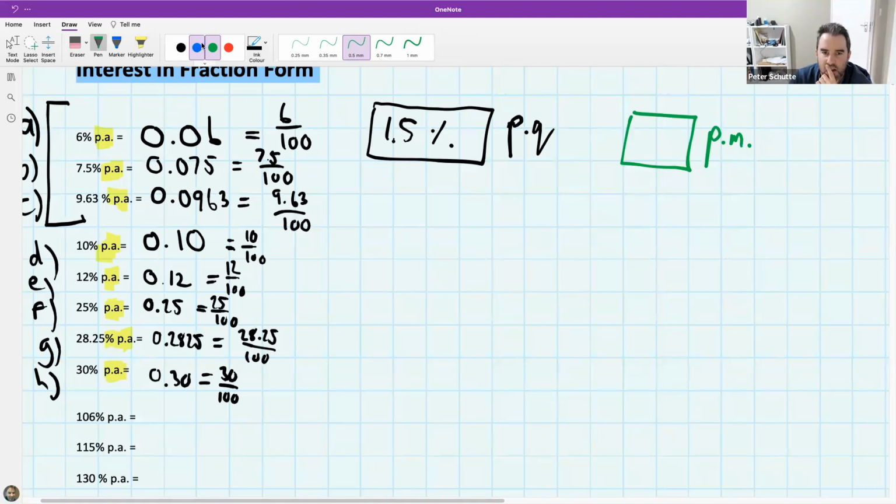So remember, for this one, we seem to go 6 divided by 4. What are we going to do for this one over here? I think we're going to take our interest rate per year, and how many months are there in a year? There are 12.